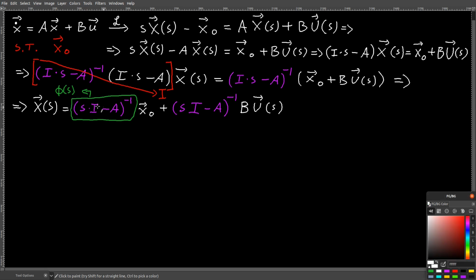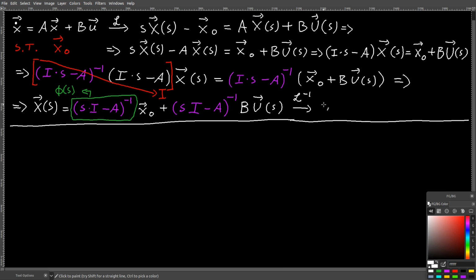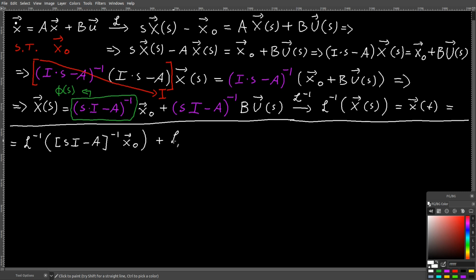Now, to take x in the Laplace domain to the time domain, you have to take inverse Laplace of it. And so, you will have Laplace inverse of X(s), which will give you your x in the time domain, which will be the Laplace inverse of this term plus the Laplace inverse of this term.